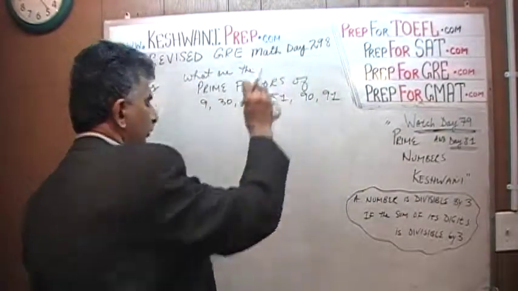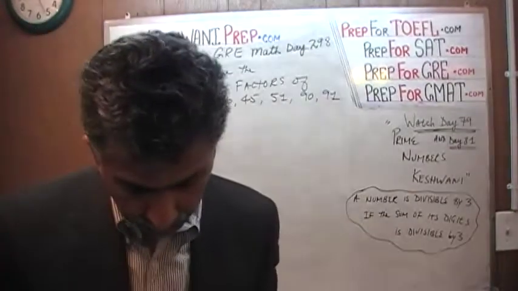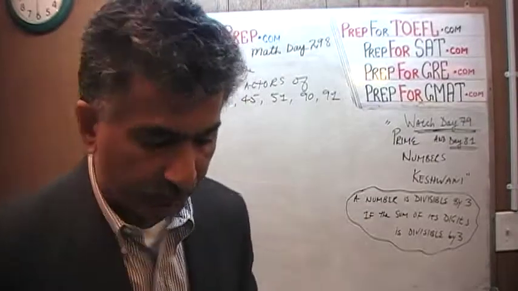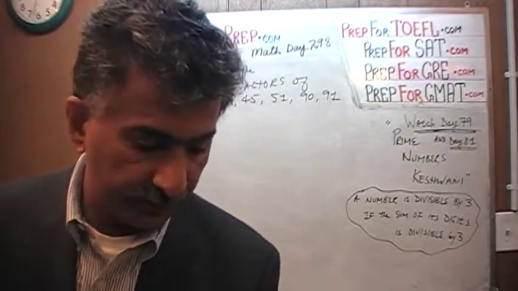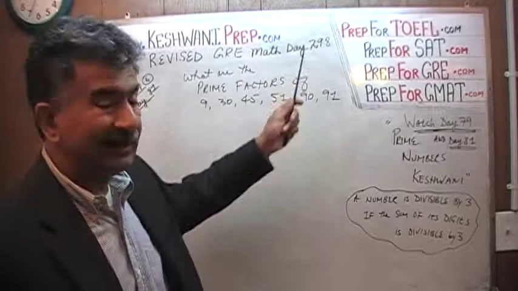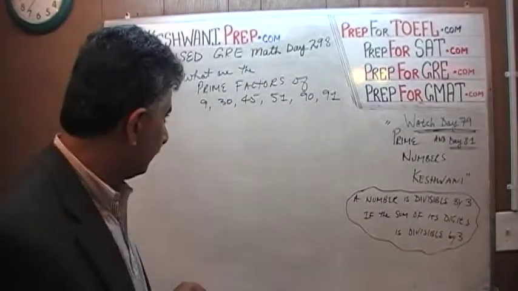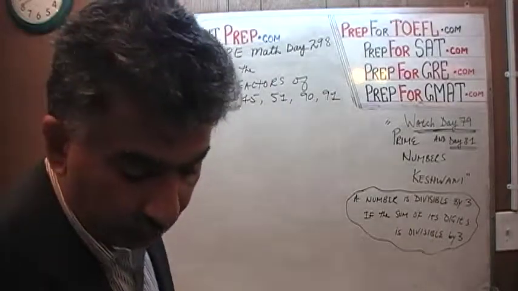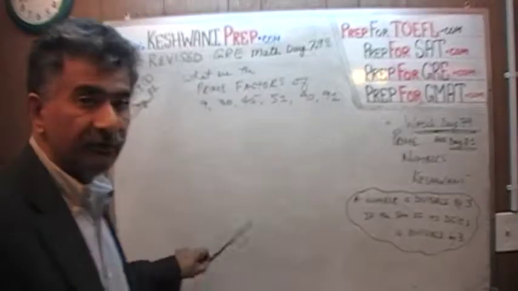This problem that we are about to do is very similar to problem number 5 and problem number 7. Problem number 5 and problem number 7 are the two problems that we did yesterday on day number 297. Yesterday, previous video. Will you be able to tell me very quickly the prime factors of all of these numbers?